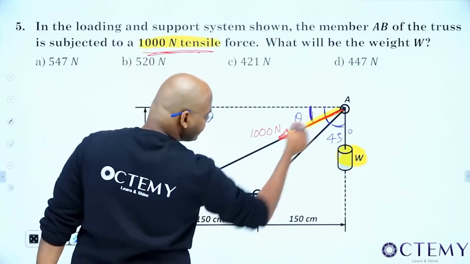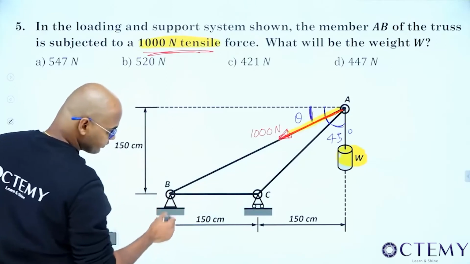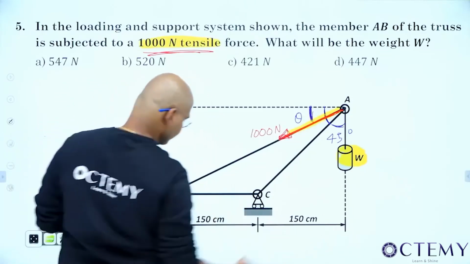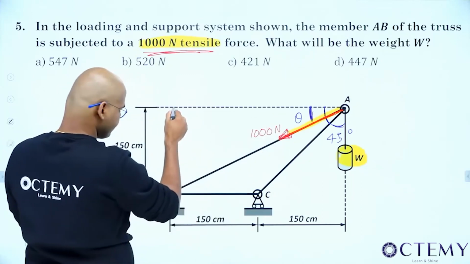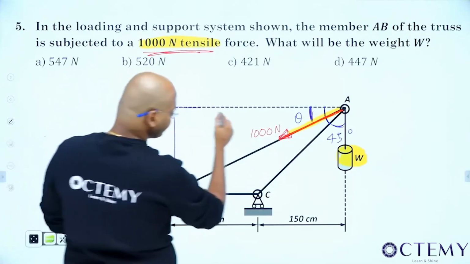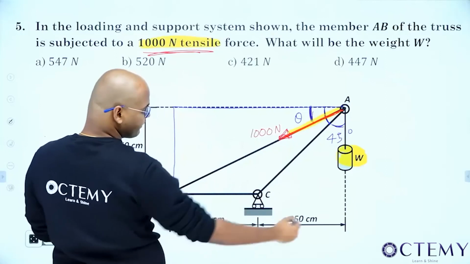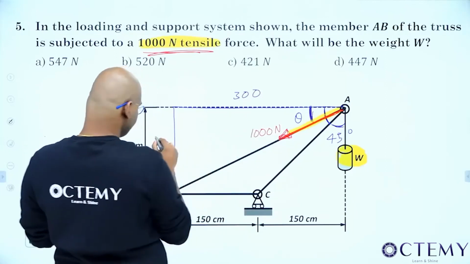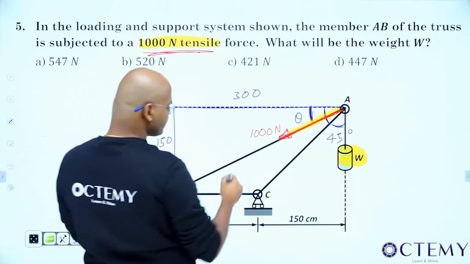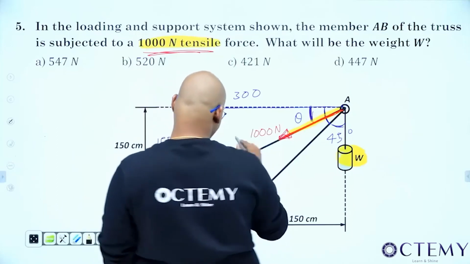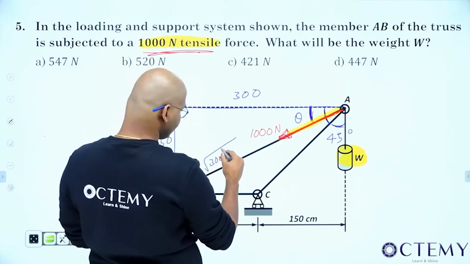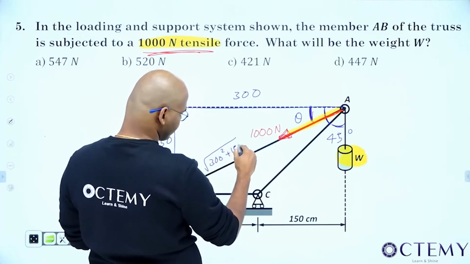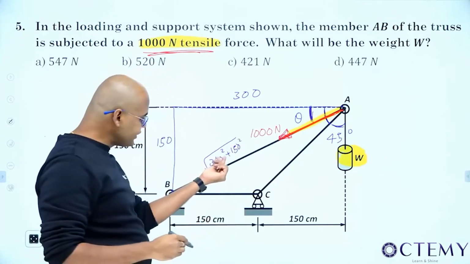See, this is theta, right? This is 150, this is 150. If I drop here, this is the triangle. 150 plus 150, 300. This is 150. So what will be the hypotenuse? Under root of 300 square plus 150 square. 150 into 2, 150 into 2.